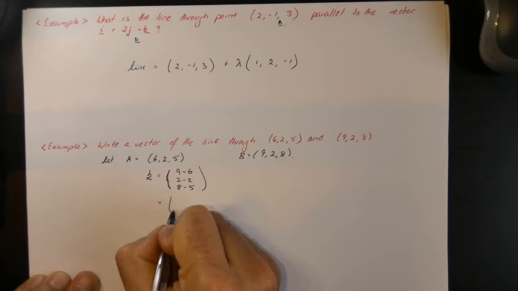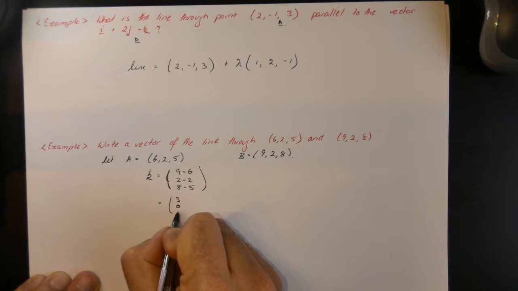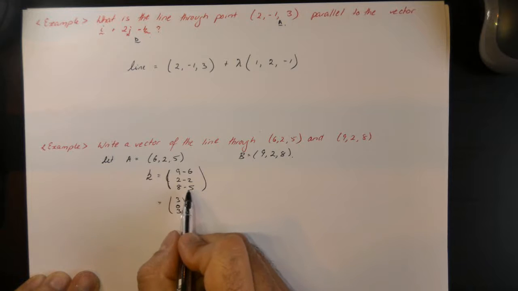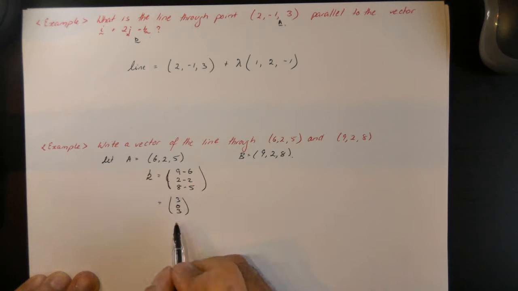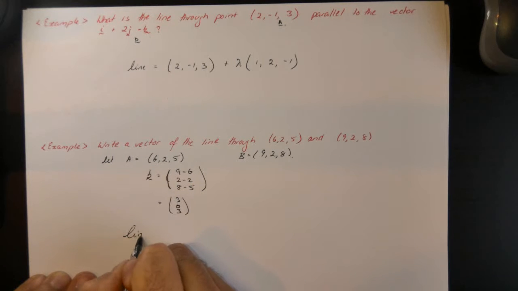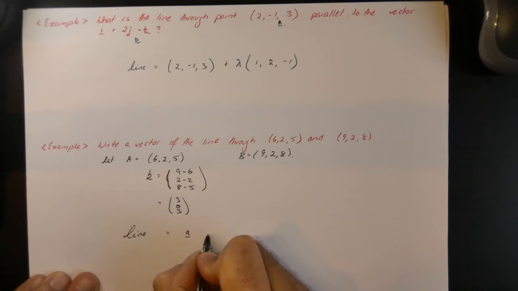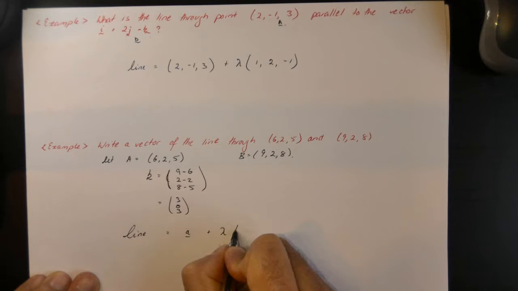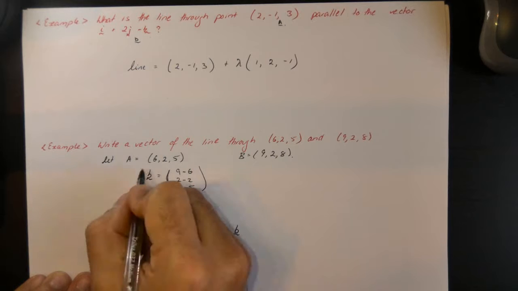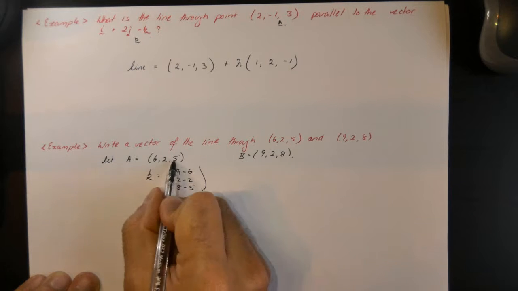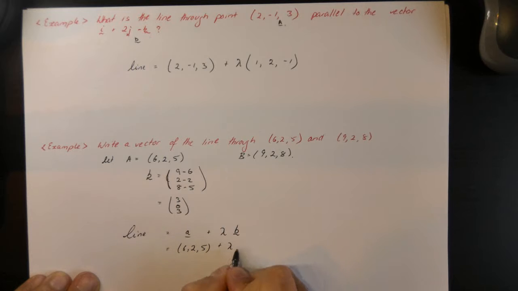So that's going to give us 3, 0, 3. So the line will be the position vector of A plus some lambda of our vector B. So 6, 2, 5 is our position vector plus some lambda of 3, 0, 3.